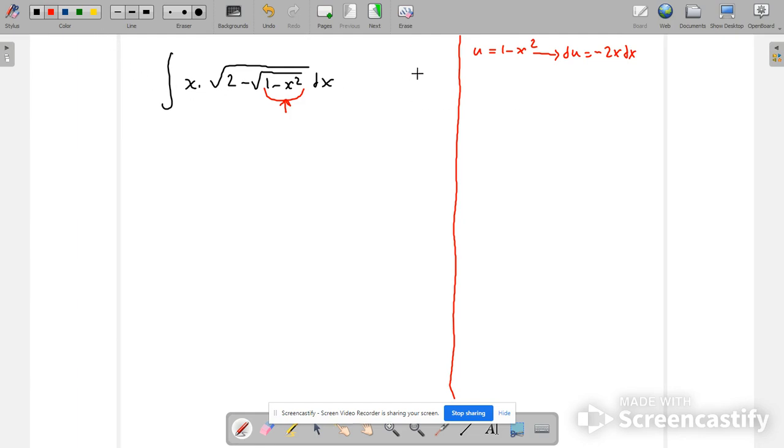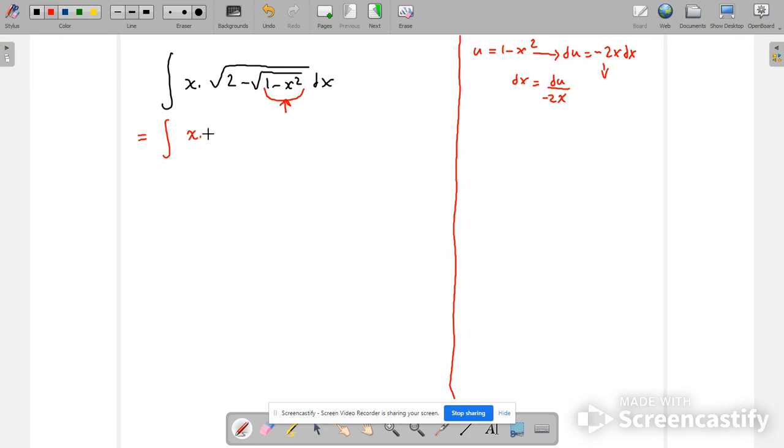And this way we can find dx from here, which is du over minus 2x. We just need to substitute this into the integral.